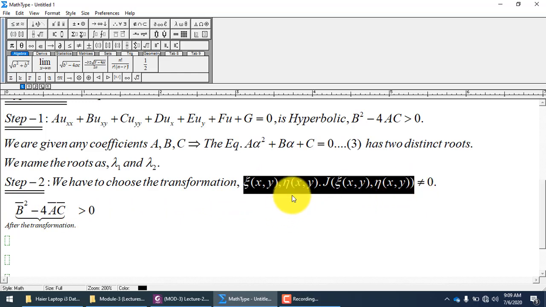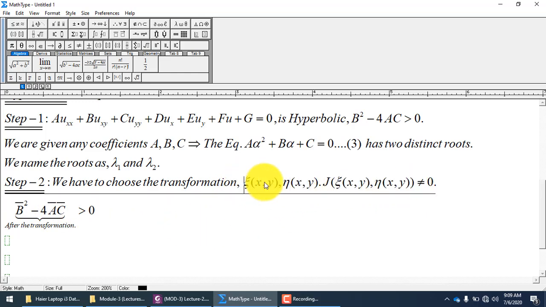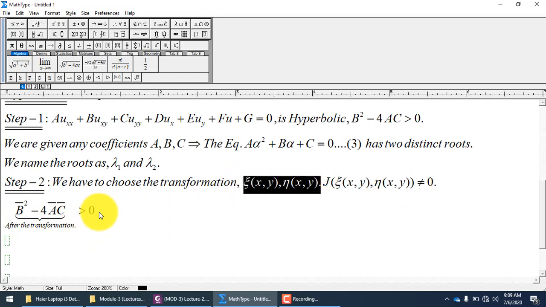So xi and eta can be selected by taking care that b bar square minus 4a bar c bar should be strictly positive. How can you make a quantity of three variables positive? It is up to you, and we have many choices.